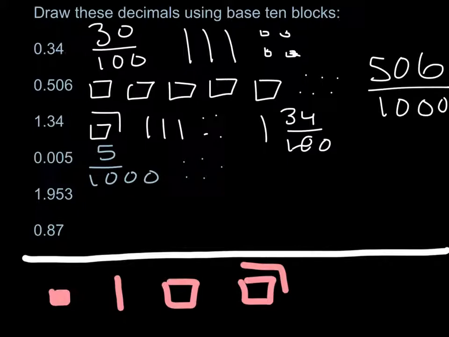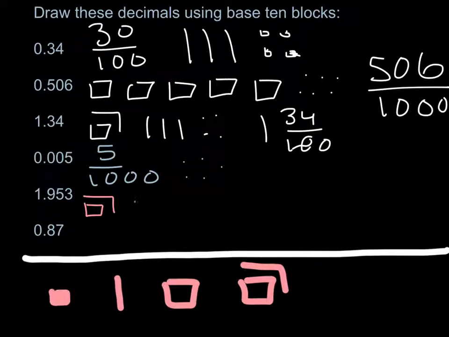The next one is 1 and 953 thousandths. Remember, the 1 is to the left of the decimal. So that means I have 1 whole cube. So I have 1 big cube and 953 thousandths.